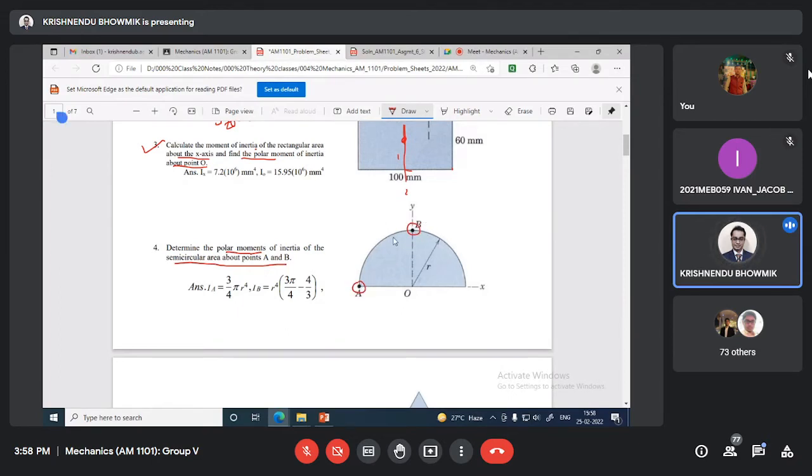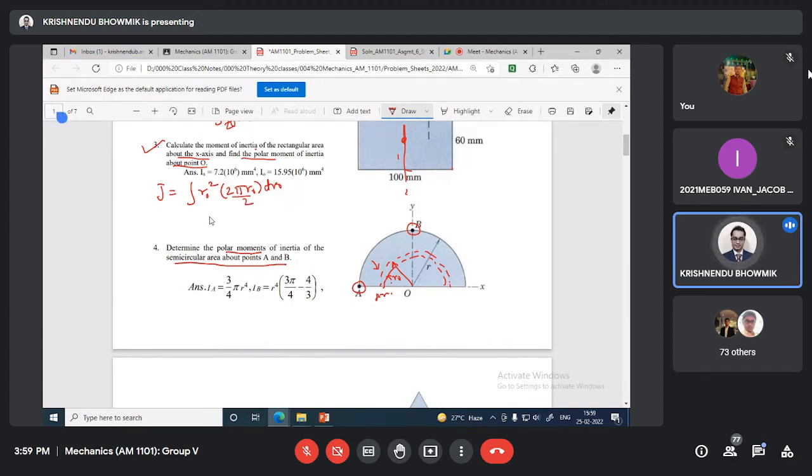About points A and B. So what will we do? If somebody wants to calculate that Iz value, this is r. J is basically the integration over this r0 squared, 2 pi r0 dr0, from 0 to r.